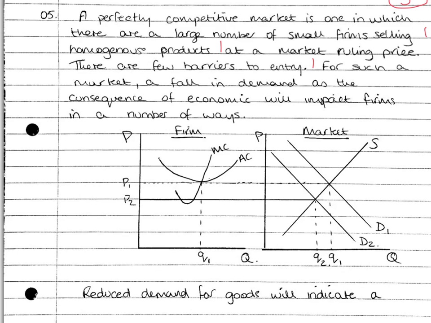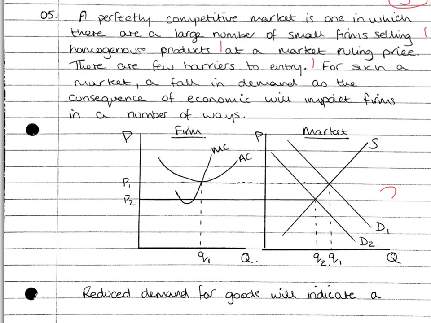Only 3 marks out of 6 possible. Other characteristics should be highlighted, up to a maximum of 6, such as perfect information and price taking. All of these things are relevant to perfect competition, so there's more marks to be taken there.